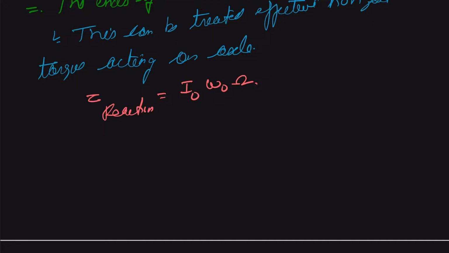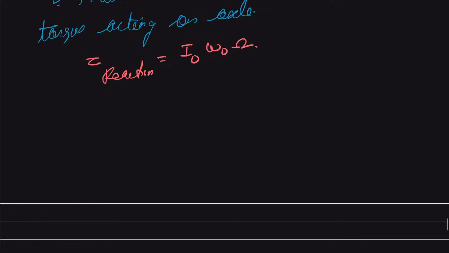So therefore we can find its rate of change of angular momentum, but anyways that is not required. And under equilibrium, the spring resisting torque will be equal to the reaction torque from the spinning flywheel.